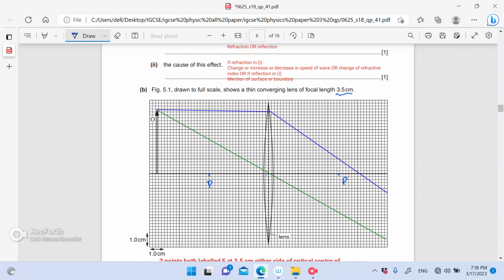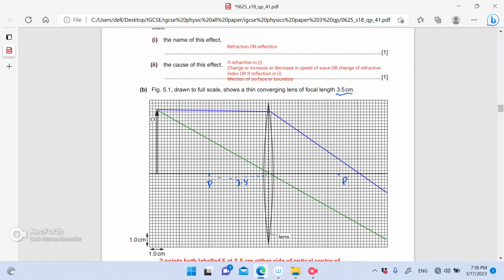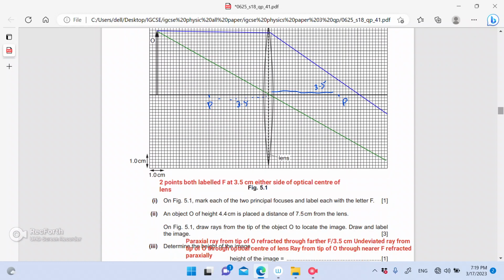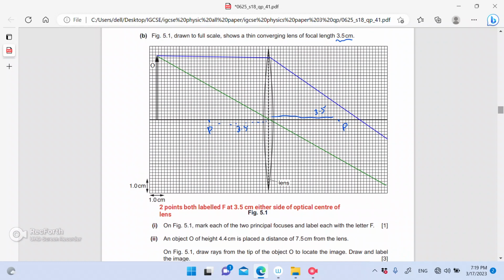They have given here 3.5 centimeter from the lens. So these should be 3.5 centimeter from the lens. And this distance should also be 3.5.